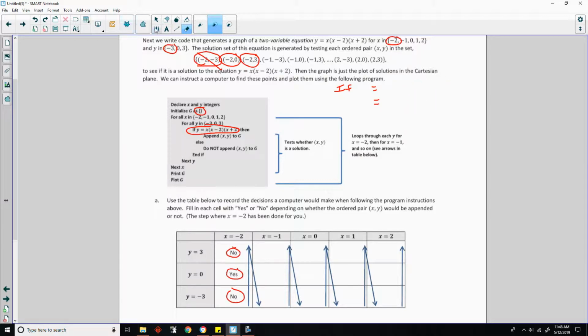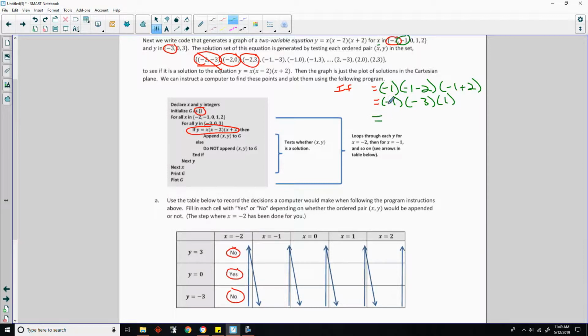Okay, so now let's change colors to green, and now I'm going to do -1, and that is our x. So the x will be -1, that's this x right here, -1, and then -1 minus 2, and then -1 plus 2. I'm going to calculate this by doing the parentheses first. -1 minus 2 is -3, and -1 plus 2 is +1.